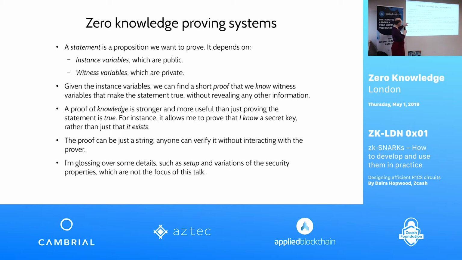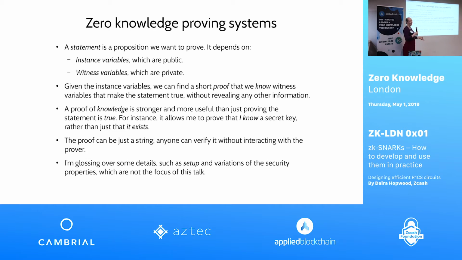Okay, so there's an important distinction here that we need to understand. These are proofs of knowledge, which means I know the witness, I'm not just proving that the witness exists. And that's important for practical protocols, because suppose I want to prove that I own a coin in Zcash.